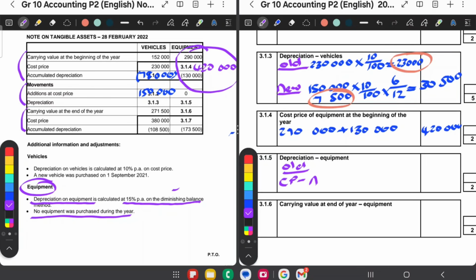That's old. So diminishing balance method says cost price minus accumulated depreciation. That answer times the percentage. This is 15%. And there is no months with old. So my cost price is 420,000 minus my 130,000 accumulated depreciation. First get the whole answer and then times 15%. That whole answer is this answer over here.